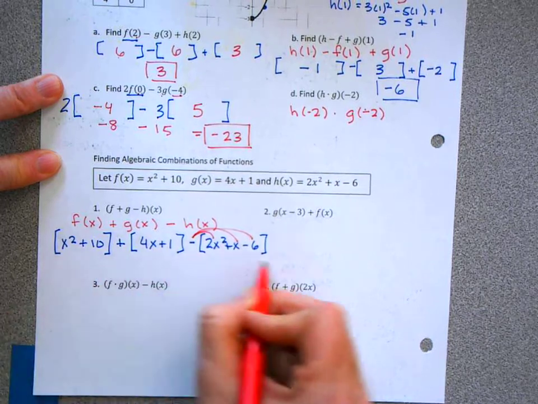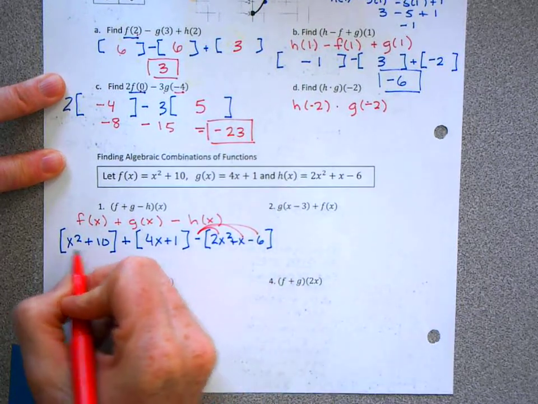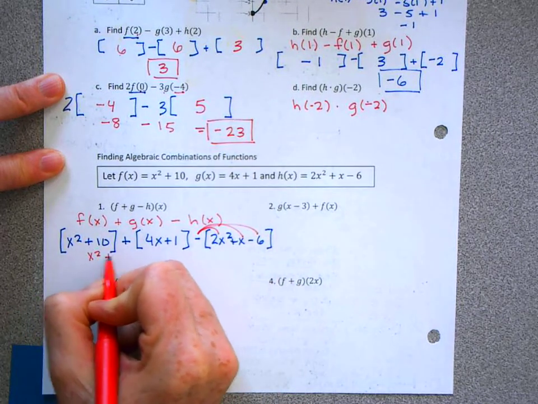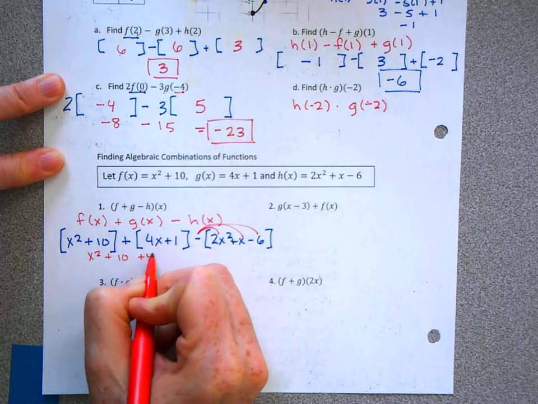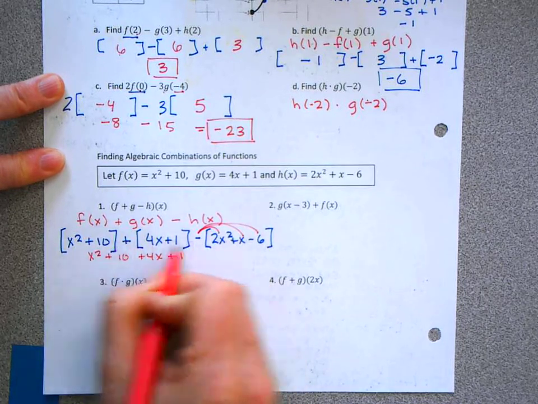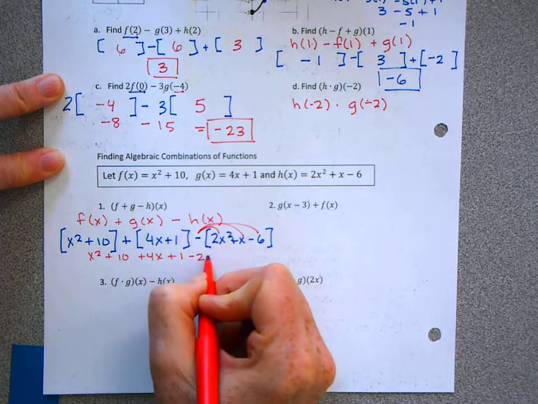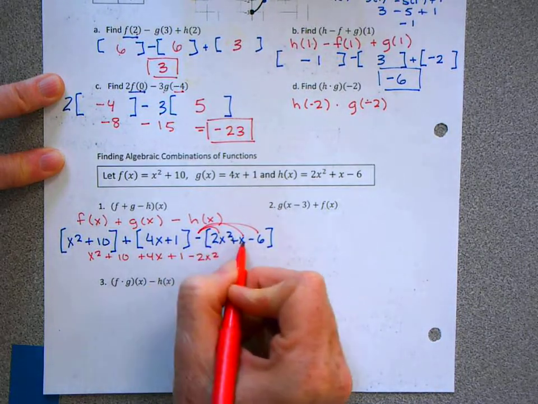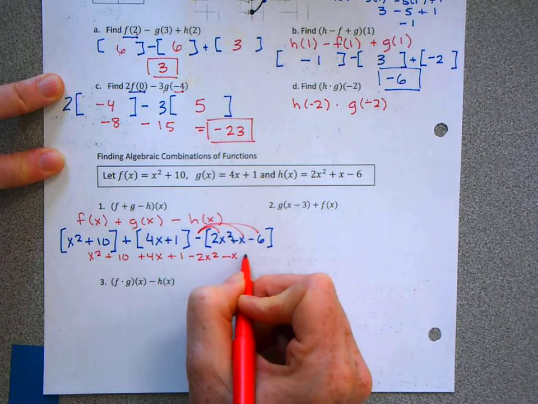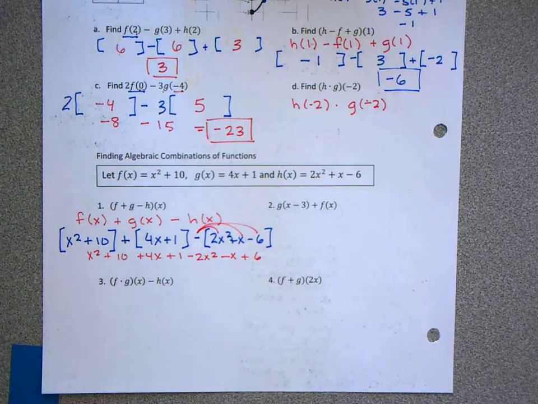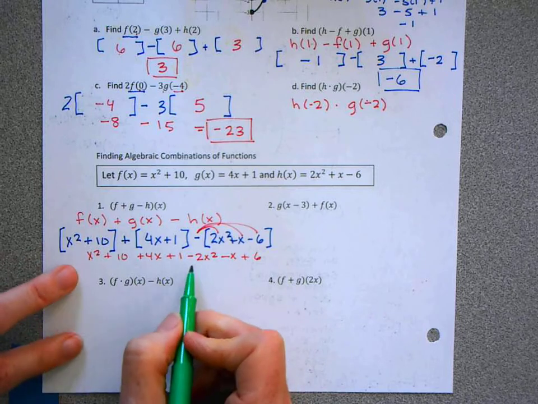So now I'm going to write everything without brackets. X squared plus 10 plus 4x plus 1. Nothing changes with those. Now I distribute that negative sign. Minus 2x squared. Distribute that minus x, a negative times a negative, plus 6. Now I'm going to combine like terms. First combine your x squared terms.